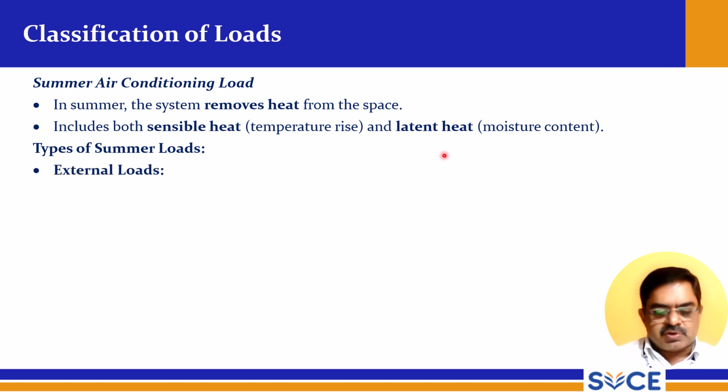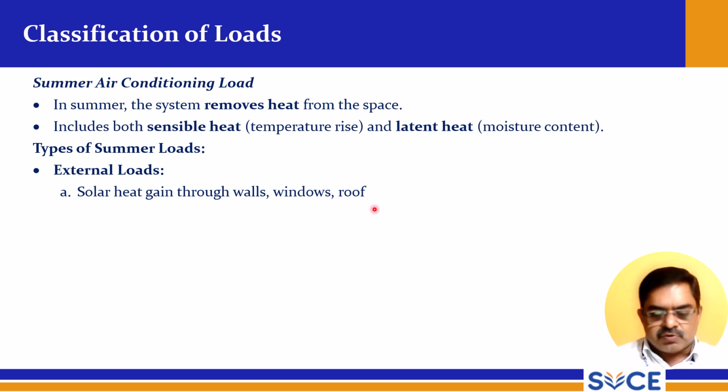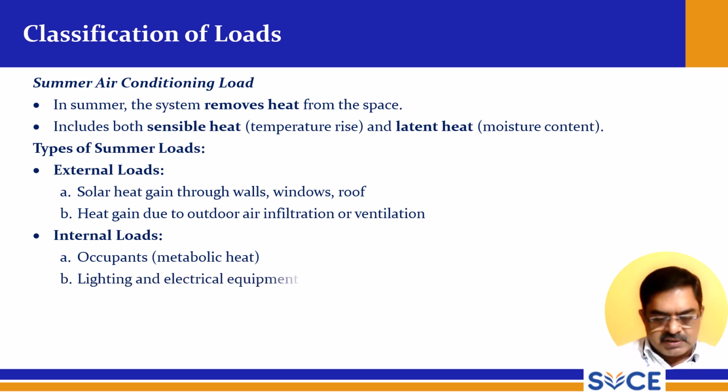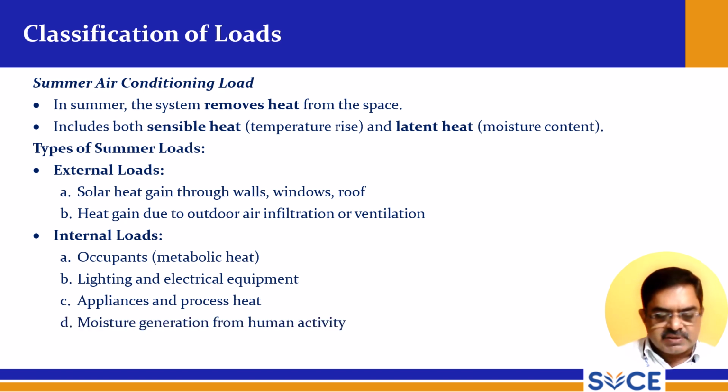Types of summer loads. These loads are like this. External loads: the solar heat gain through walls, windows and roof, which we have discussed in our earlier session, and heat gain due to outdoor air infiltration and ventilation. Internal loads may be occupants, the metabolic heat, so occupants also exhibit heat, and lighting and electrical equipment, appliances and process heat, moisture generation and human activity.